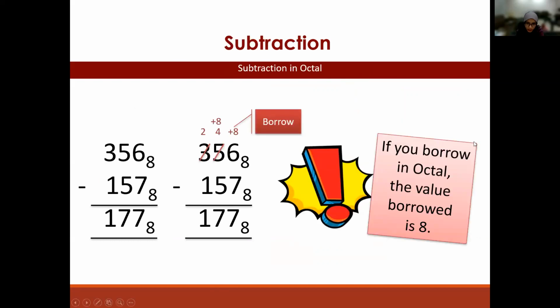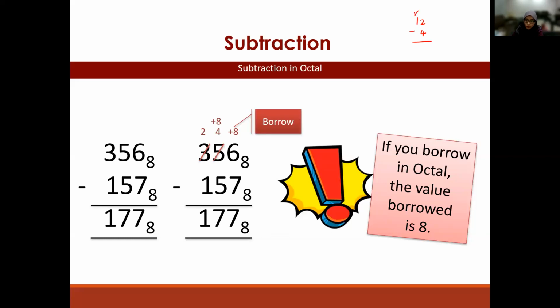Now we have subtraction. For octal, if you borrow in octal, the value borrowed is 8. Same goes for subtraction with decimal numbers. For example, you have 12 minus 4. 2 is smaller than 4, so you have to borrow.